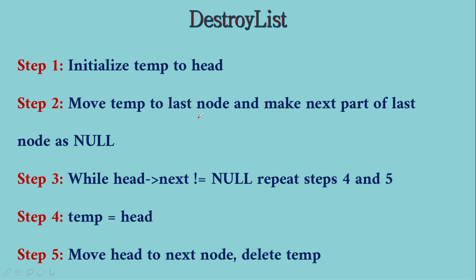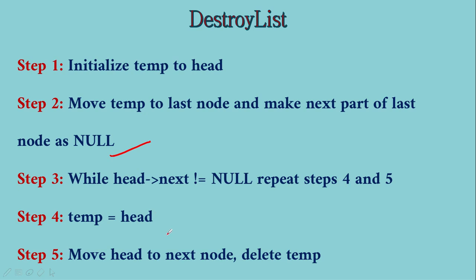So to make it a normal single linked list, initialize temp to head, move temp to the last node, and make the next part of the last node null. Now at this point it is a normal single linked list. And what I am going to do, while head next is not equal to null, we repeat step number 4 and 5.